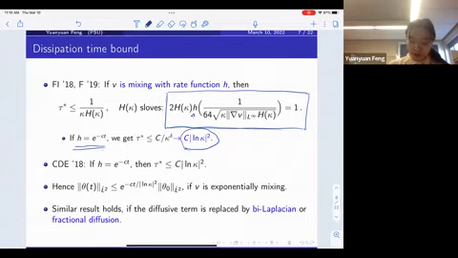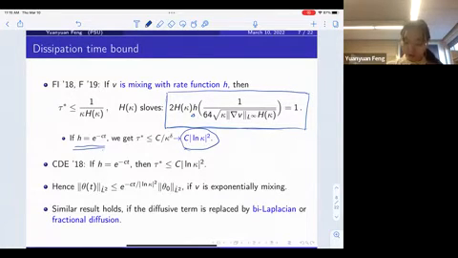Their result also suggests that if H is exponentially decaying, tau star is bounded above by log kappa squared. This estimate of the dissipation time, log kappa squared, is the best rate so far.